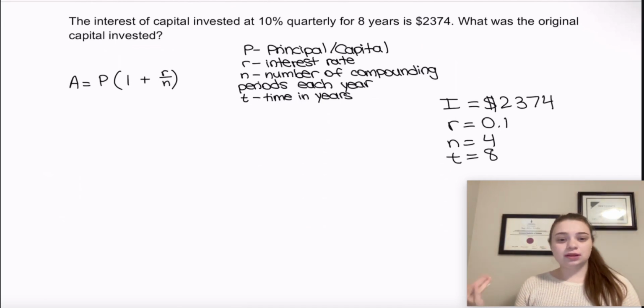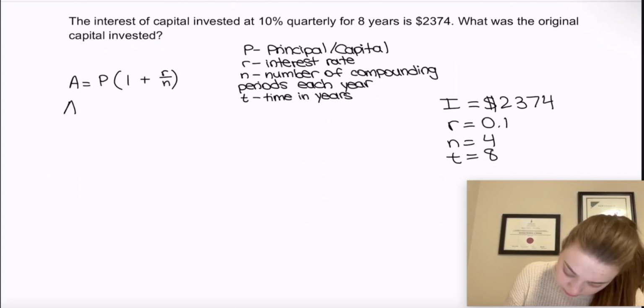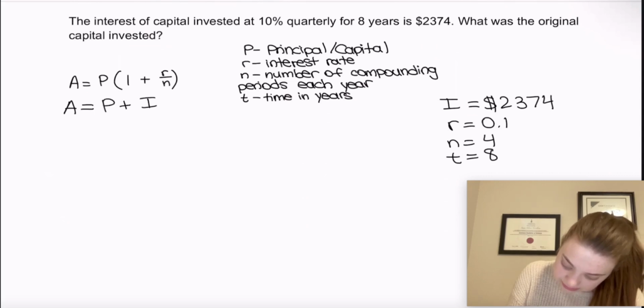So we run into a little problem here, which is that there's two things that we don't know. We don't know A, which is the total amount, and we also don't know P. And the goal is to find the original capital invested. The goal is to find P. However, one thing we do know is that A, the total amount, is the same thing as the principal plus the interest, right?